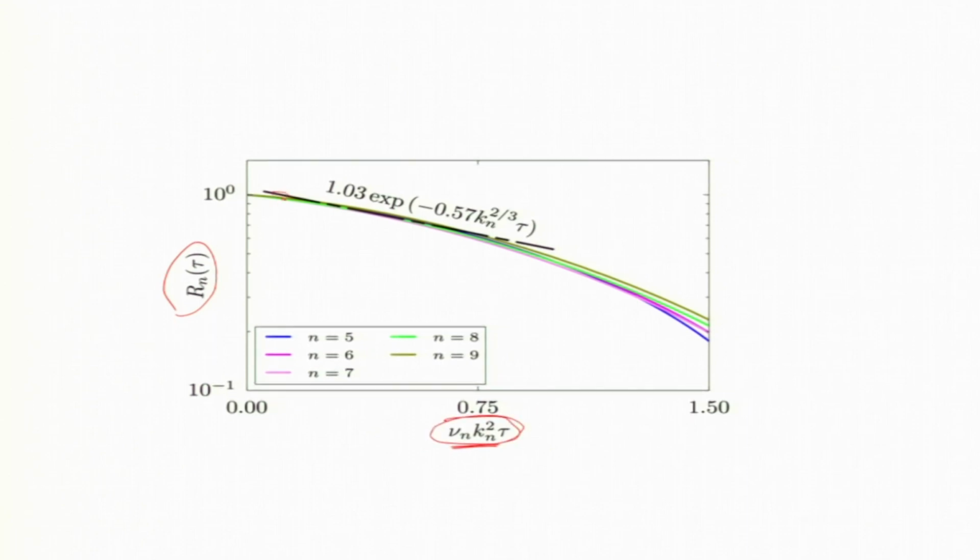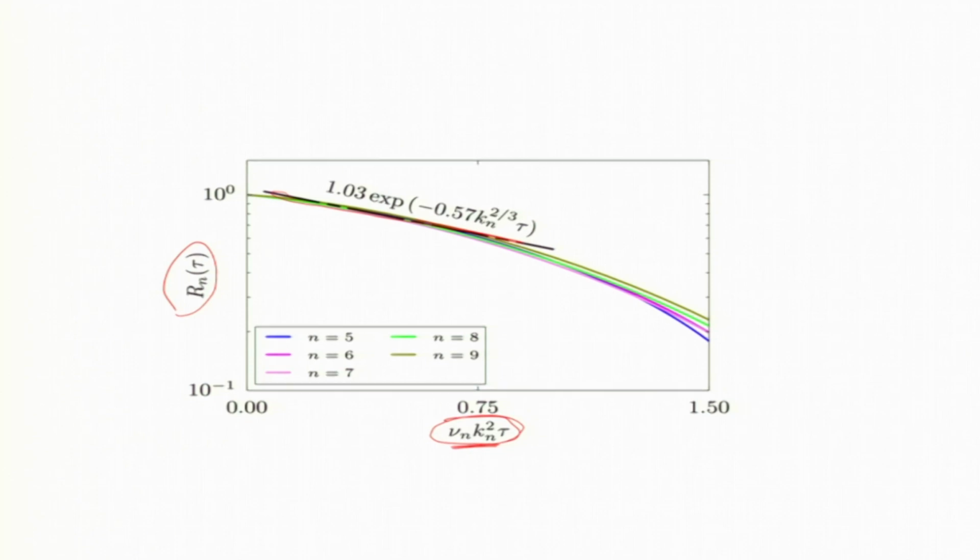For this band, an exponential with some constant times k n to the power 2/3 tau is a good fit. In simulation this is what we get. I am not going to claim that things fit exactly on the line. This macroscopic phenomenon does not fit on the dot; this is not GR verification. These are pretty approximate curves.